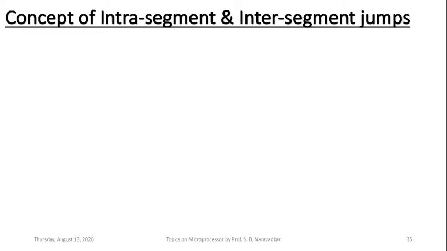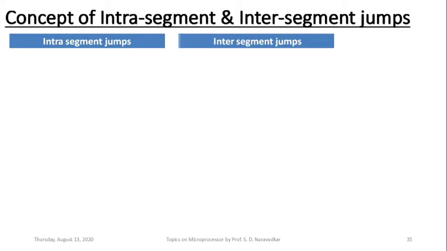Then on this particular slide, that is the concept of intra-segment and inter-segment jumps that I want to explain. And this explanation will be in a comparative manner. So there will be 2 columns, intra-segment jump and inter-segment jump, which are shown here.